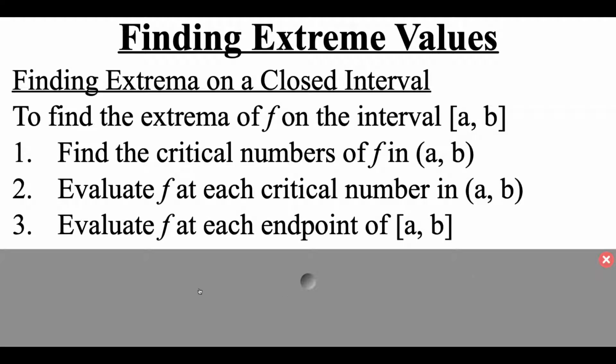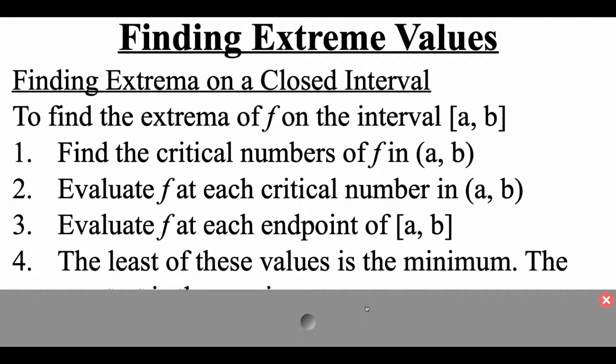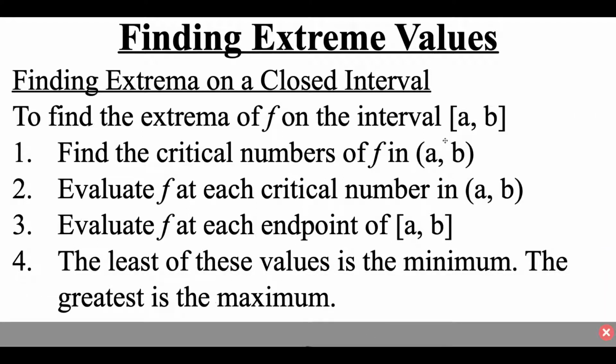And then we're also going to evaluate the function at the endpoints a and b. Now, as we're comparing all of those different answers that we get from those critical numbers and from those endpoints, the smallest answer is the minimum value, and the biggest number is the maximum value.